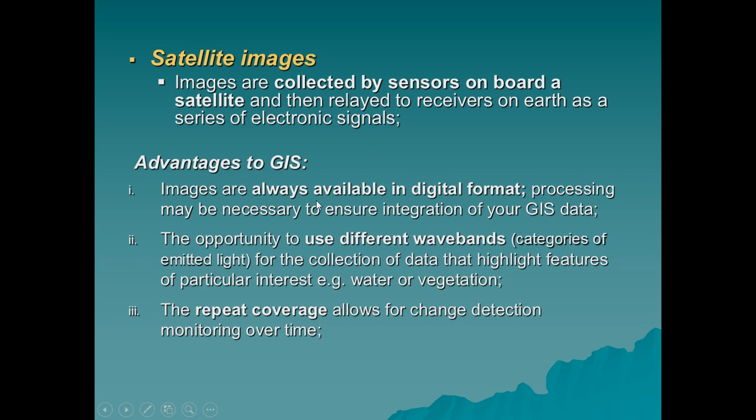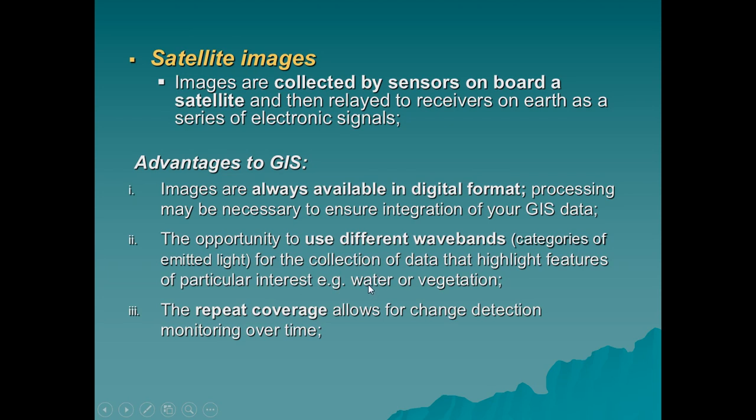What are the advantages of this method? It provides information in a digital format automatically, whereas with aerial photos, oftentimes you get them in hard copy form and you have to convert it. Additionally, with satellite imagery, you can capture data in different wave bands or different electrical energy signatures, and each of those gives you different information.